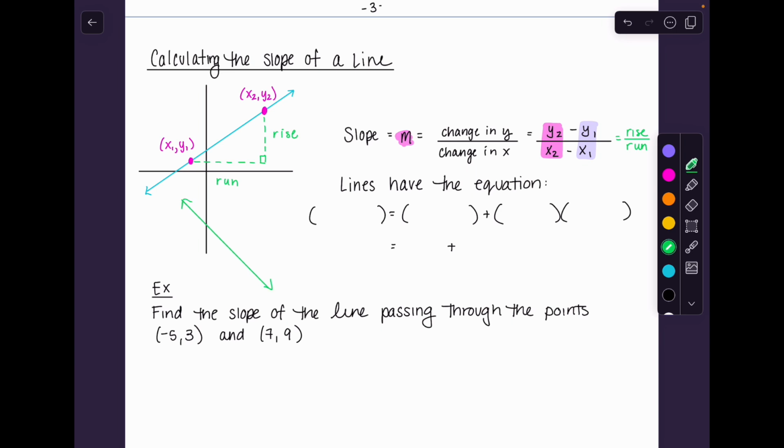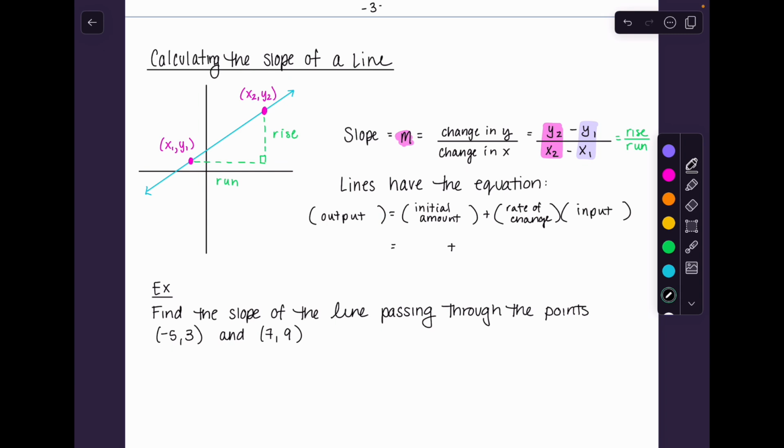Okay. So going back to all of the pieces of our line, if you remember, lines have a very particular equation. Our output is equal to some initial value or initial amount plus that rate of change multiplied by your input.